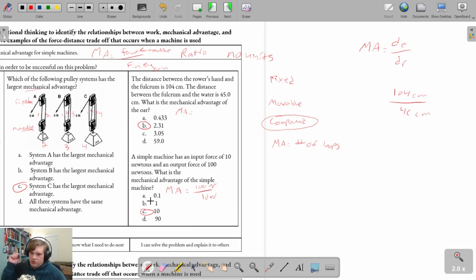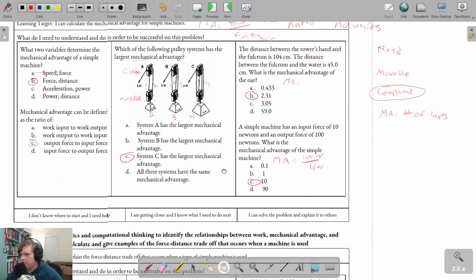That means you put in 10 newtons of force, the effort you had to expend, and you got out 100 newtons of force. That is a 10 times increase on your effort. That is very good. It's not changing the amount of work, but it's making the effort you have to expend easier.